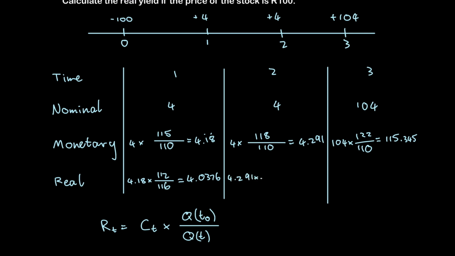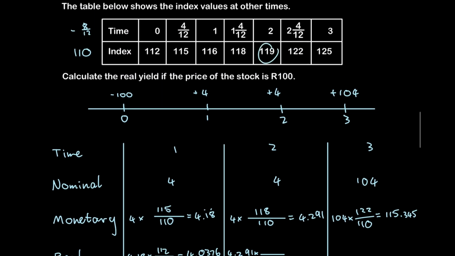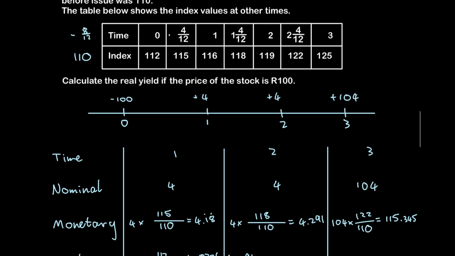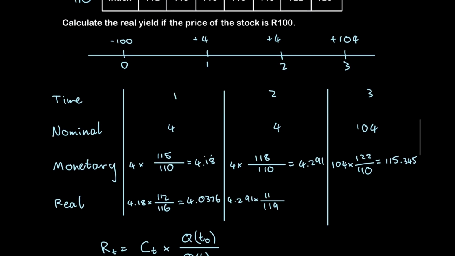And if I do the same for these two, I should get 4.291. Divide by where it's coming from, Q of T, or Q of 2, which is 119, multiply by where it's going, Q of naught, 112. If I calculate that, I get 4.0385, and then this 115.345.